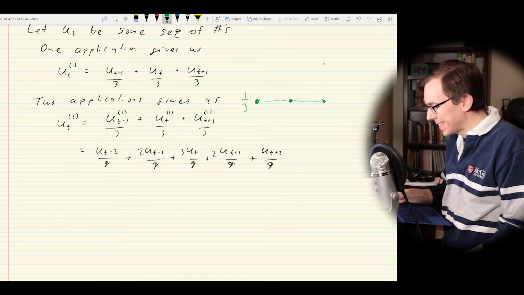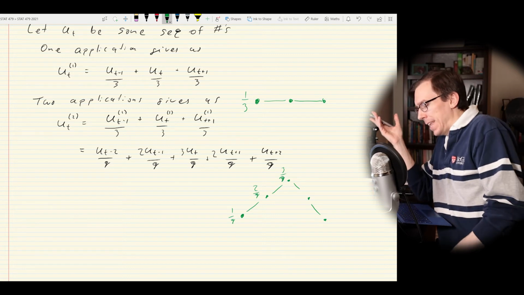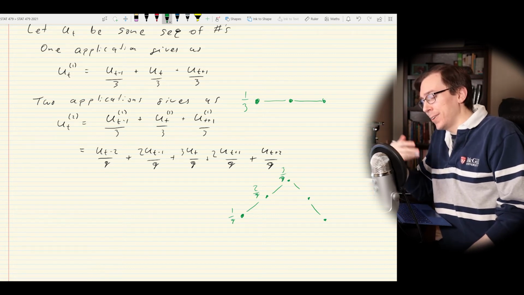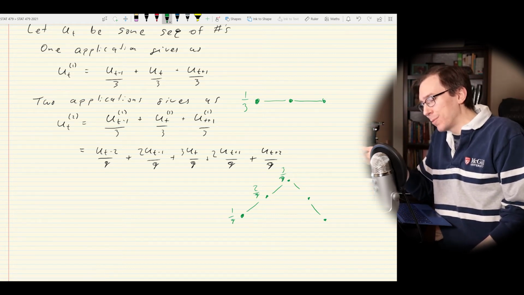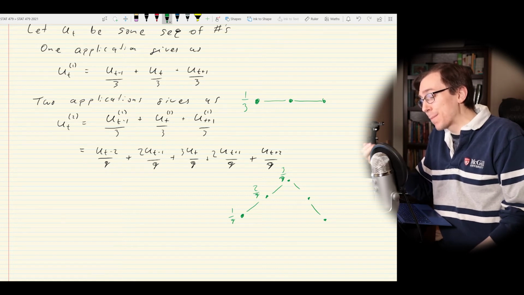Meanwhile, two applications is going to give us something that looks like a triangle, with 1/9, 2/9, 3/9, etc. And if we were to do it a third time, we'd get something that might look a little bit parabolic.